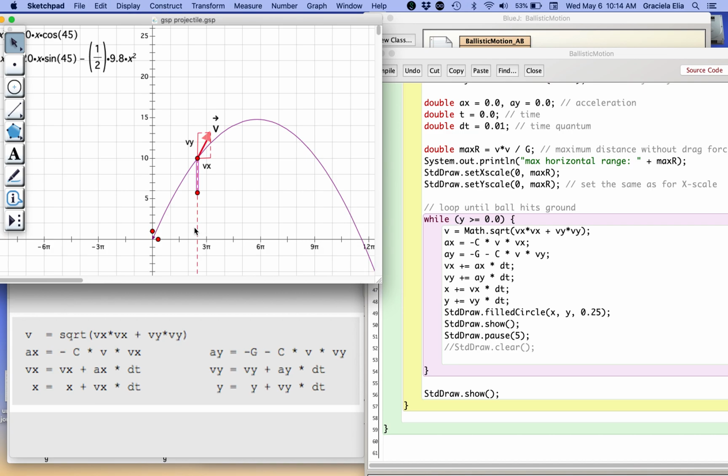And then let me eliminate this one over here. Oops, let me go back a little bit because I have both of them selected. Let me just select this one and now hide this one. There you go. So this represents gravity, G. I think that's good enough. I'm not going to make the arrow tip because it's a pain in the neck to draw an arrow tip with this software.